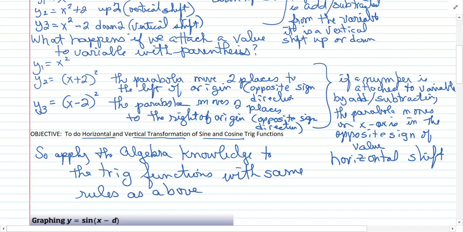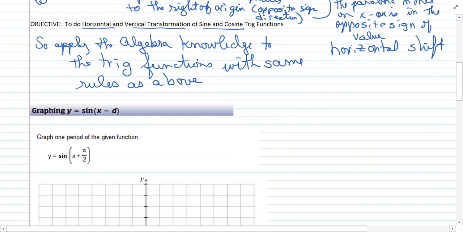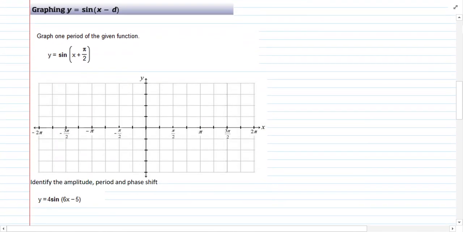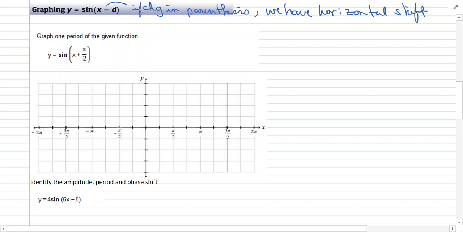All right. So here we have the form y equals sine of x minus d in parentheses. If the change is in parentheses, we have a horizontal shift.